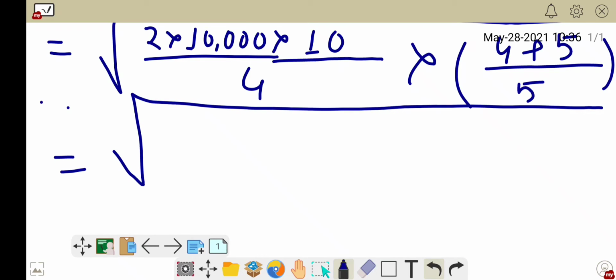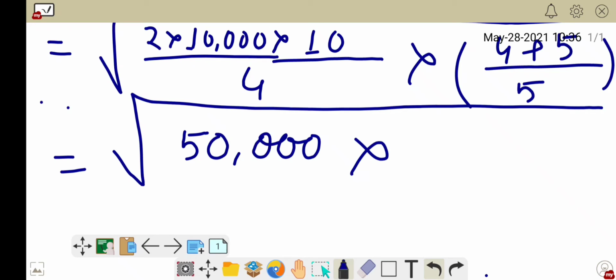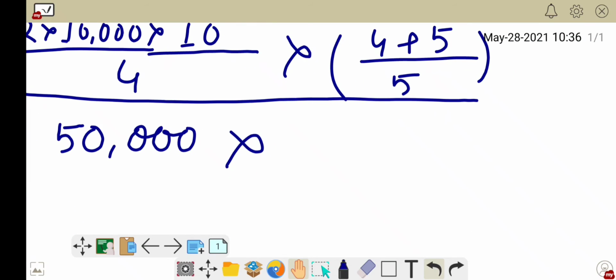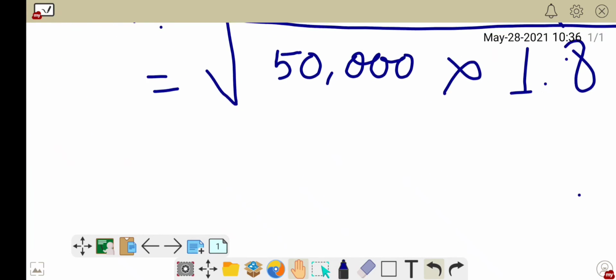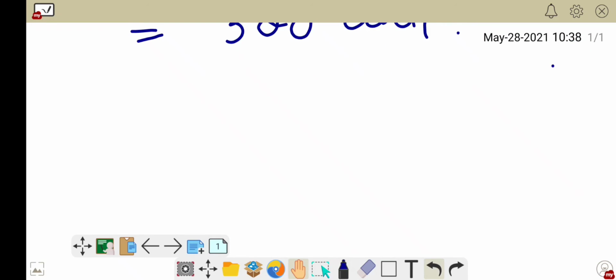It will come 50,000 multiplied by 4 plus 5 divided by 5, that is 1.8, and it will be valued 300 units.